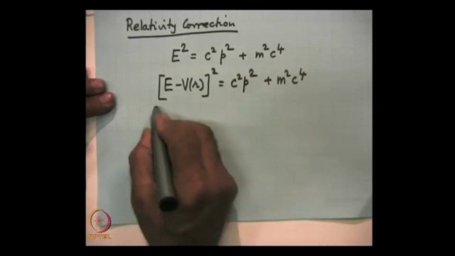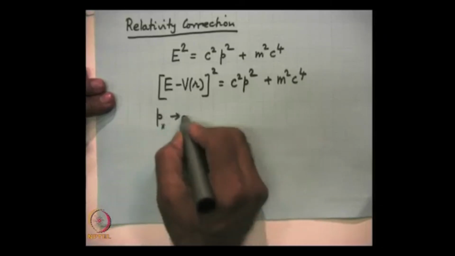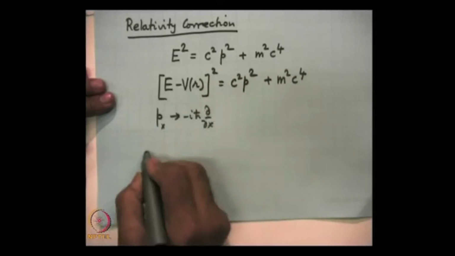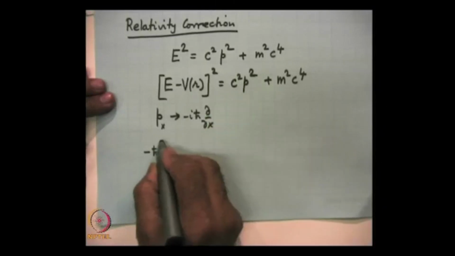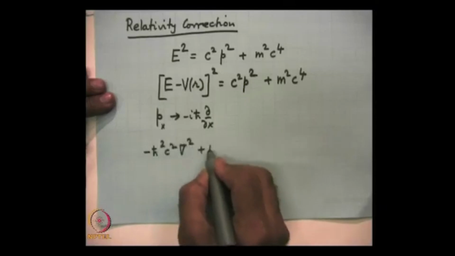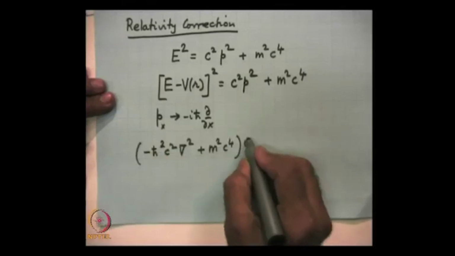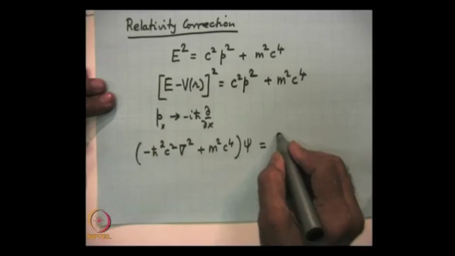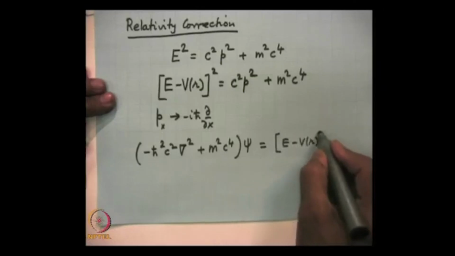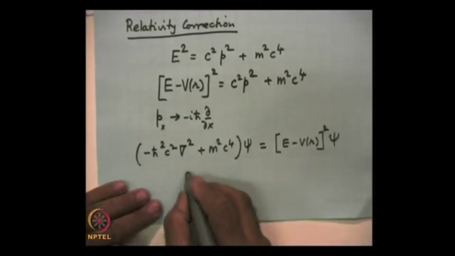I represent Px, Py, Pz by Px equal to minus i h cross delta by delta x and so on. So this will become minus h cross square c square del square plus m square c4 psi is equal to E minus V of r whole square times psi.